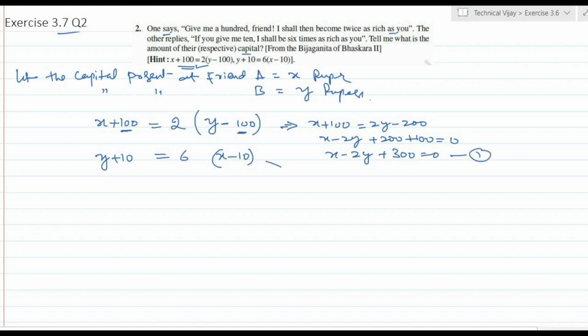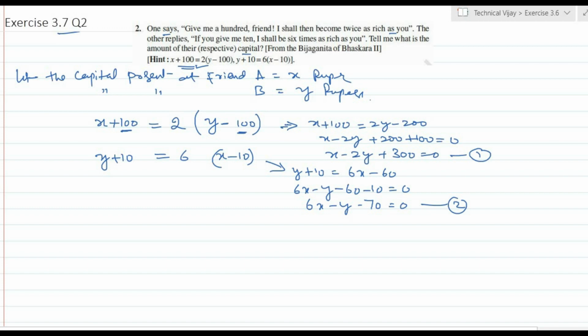Now Y plus 10 is equal to 6X minus 60. So 6X minus Y minus 60 minus 10 equals 0, so 6X minus Y minus 70 equals 0. This is the second equation.